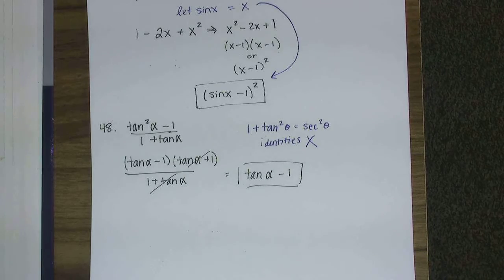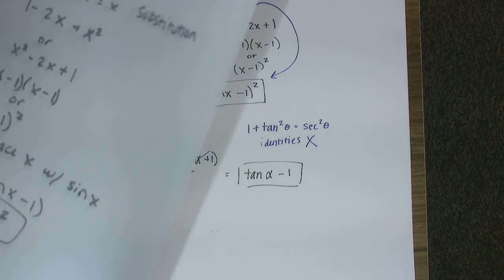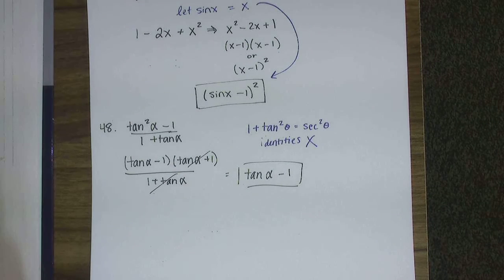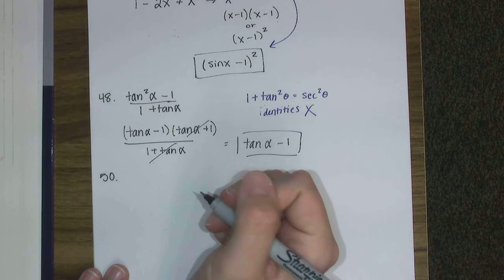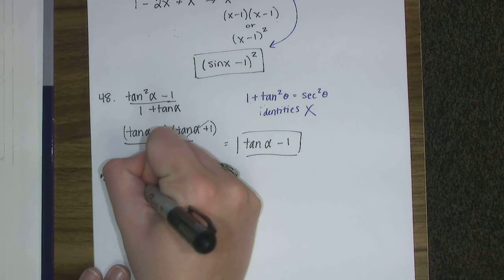Then 50, we have tangent squared of x over secant of x plus 1. Now maybe the identities will help me.